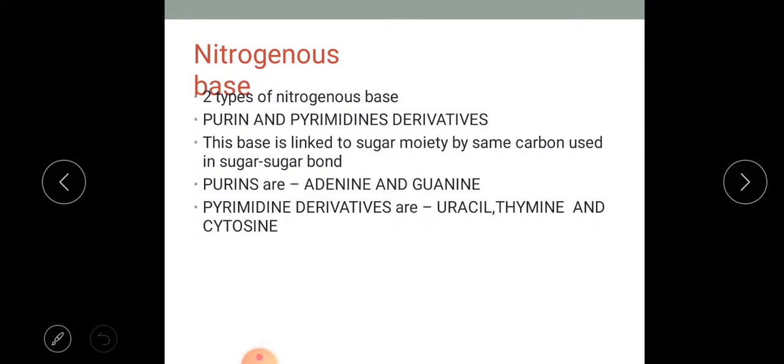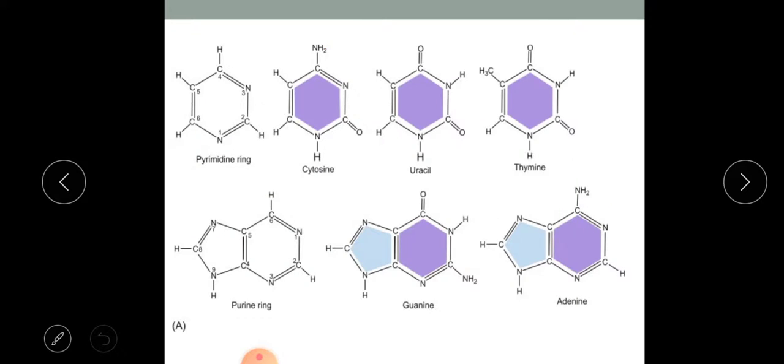Now nitrogenous bases. Two types of nitrogenous bases are there: purine and pyrimidine derivatives. Purines are adenine and guanine. Pyrimidines are uracil, thymine and cytosine. And this is a pyrimidine ring.